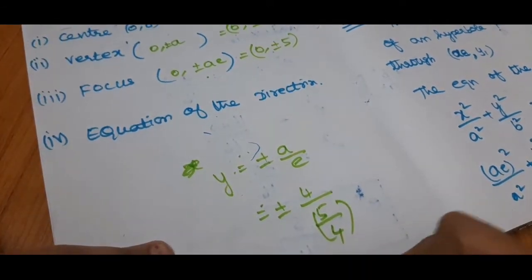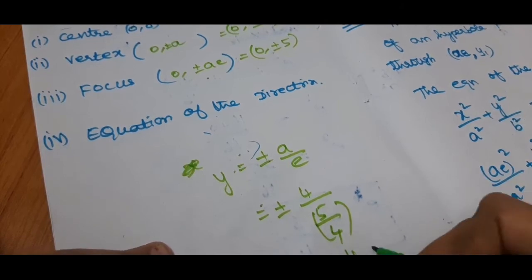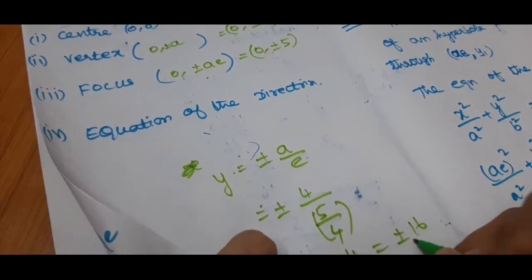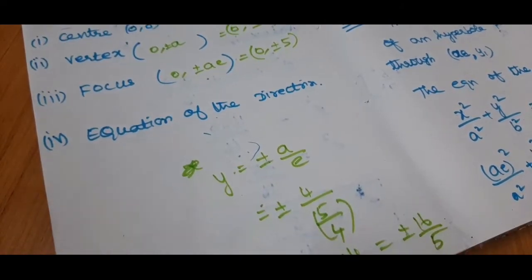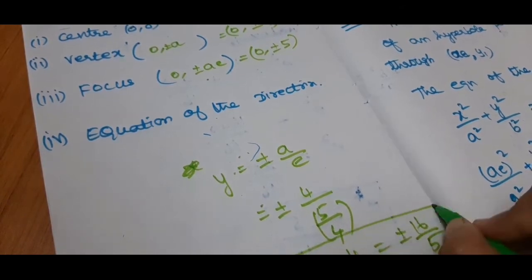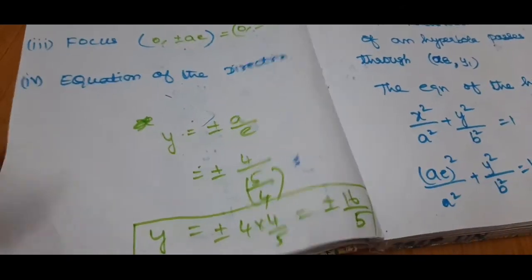So plus or minus 4 into 4 by 5, that is plus or minus 16 by 5. So this is the equation of the directrix.